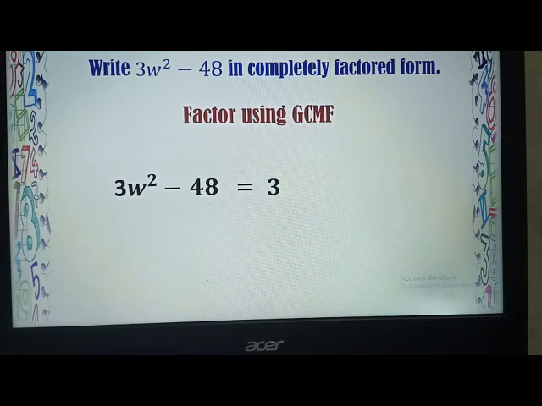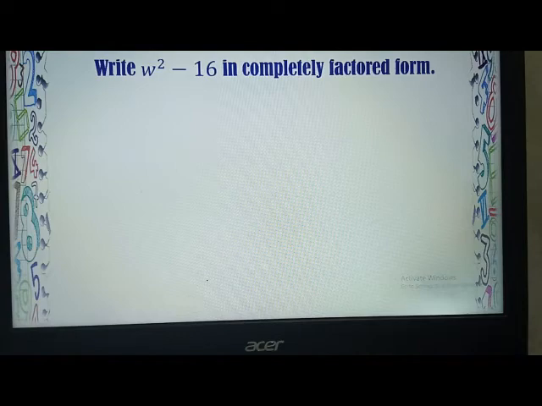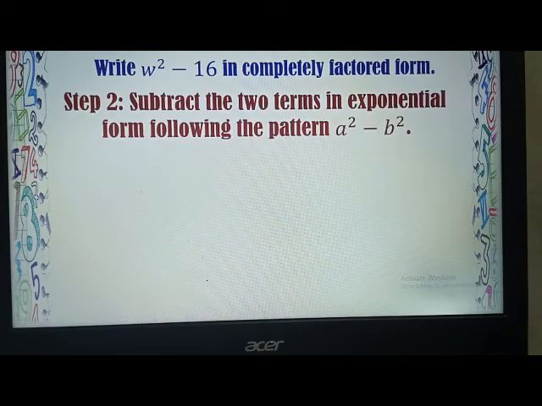So factoring out the common factor, which is 3, the remaining factors are w squared minus 16. So from 3 times w squared minus 16, we will take w squared minus 16 because this is a difference of two squares. So we will now write w squared minus 16 in completely factored form.